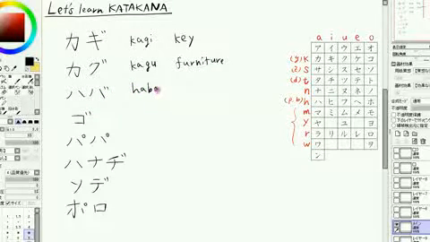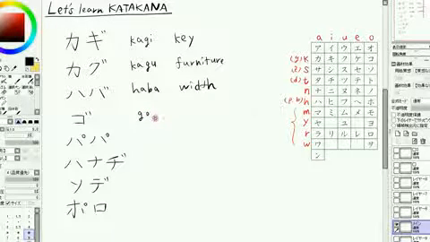I'm going to show you one by one. First of all, this one is kagi, which means key. And this one is kagu. Kagu means furniture. Haba, haba. You see the unvoiced one and the voiced one. Haba means width.